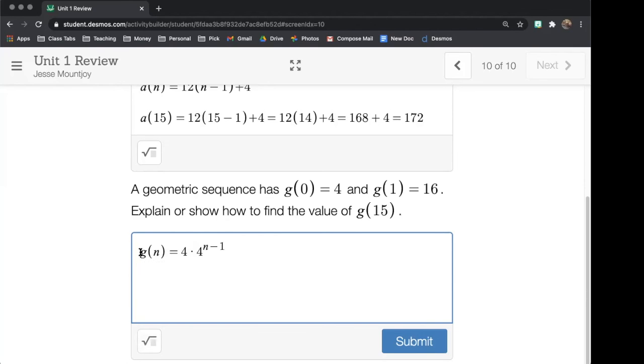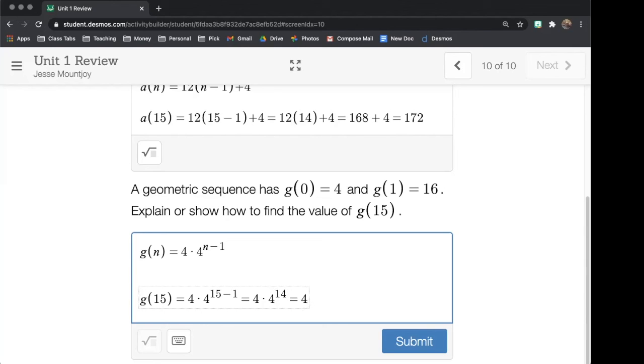Now that I know that, I can plug it in. I can plug 15 in. So I'm going to plug a 15 in right here and right here. So what will I get? I get 4 times 4 raised to the 14th power, which, 4 to the 14th, ooh, that looks like something that's going to be really, really big. Let's try it in the calculator. 4 to the 14th power. Oh yeah, that's huge.